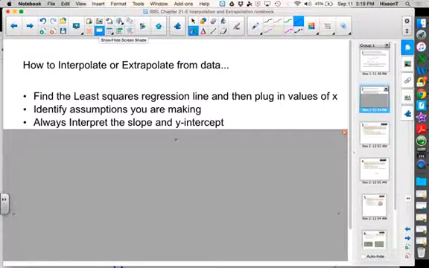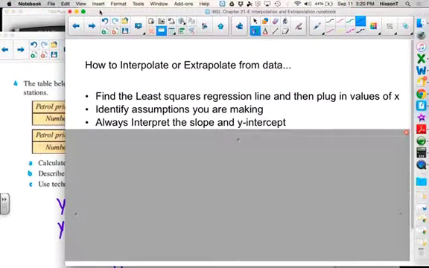Another thing that you should do when you are extrapolating or interpolating data is to interpret the slope and the y-intercept. And you really do this when you get the least squares regression line anyways, okay, but especially here, identify what that slope is telling you. Identify what the y-intercept is telling you.